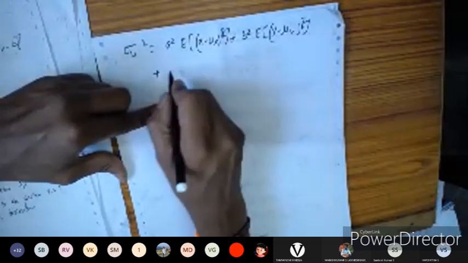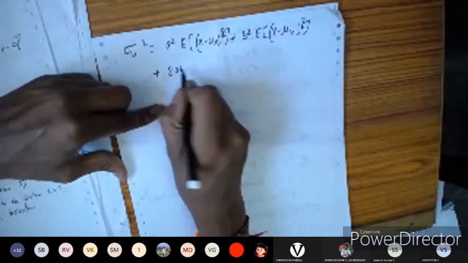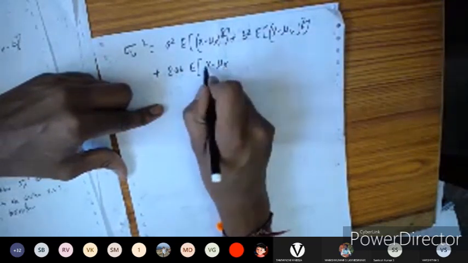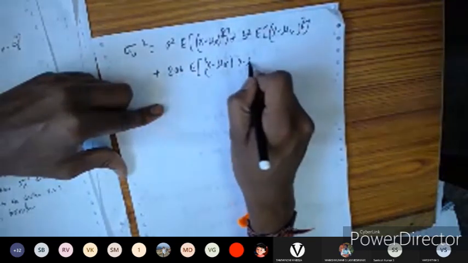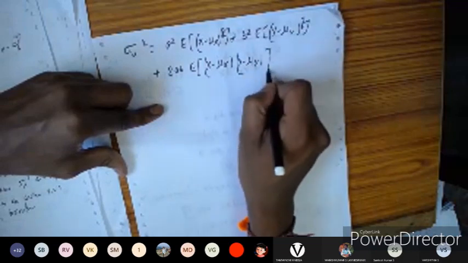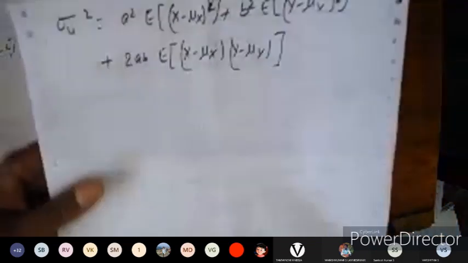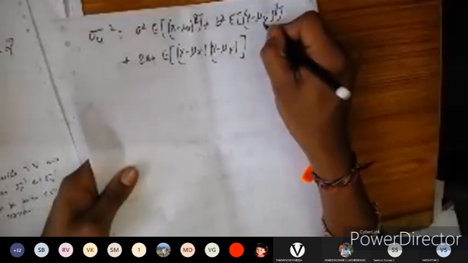Plus the last term, 2ab is a constant, I'm going to take outside, so it's the expectation of (x minus mu x) into (y minus mu y). So I'm going to evaluate the expectation for the individual terms.